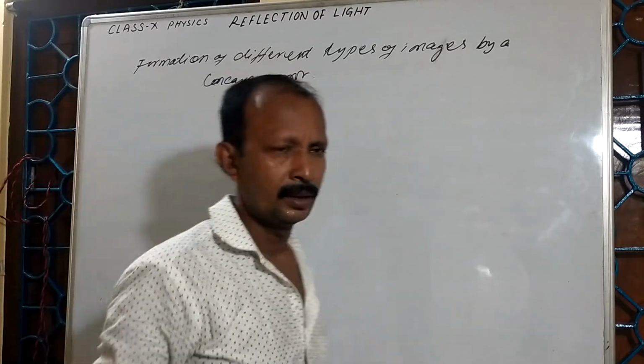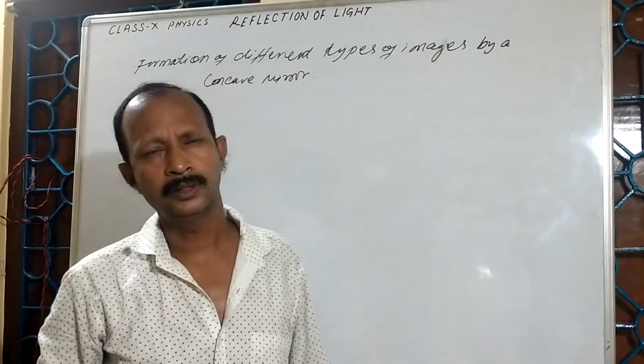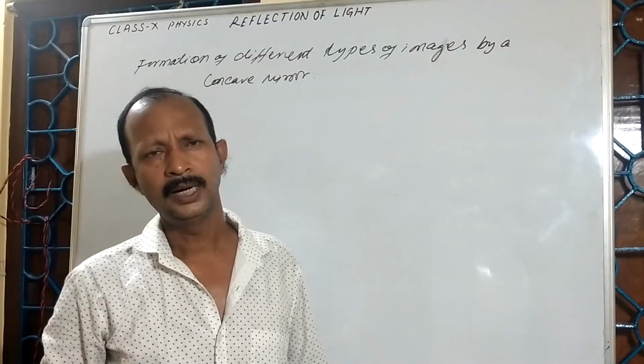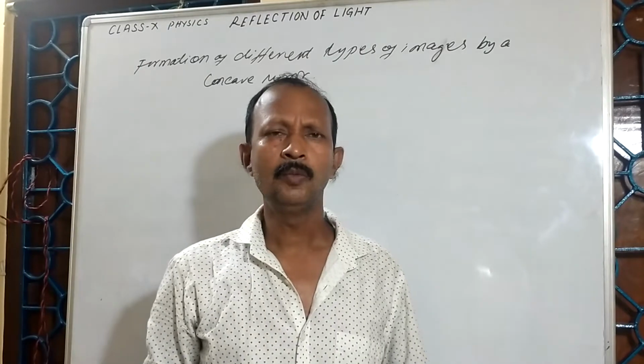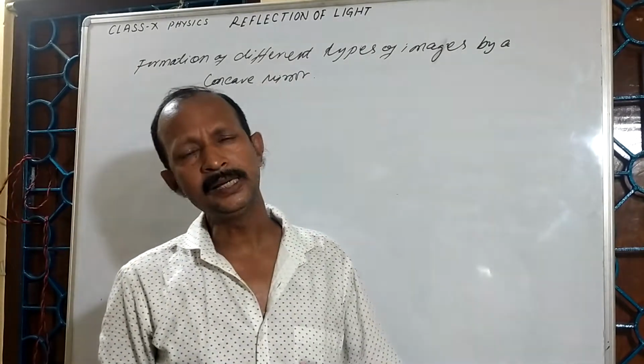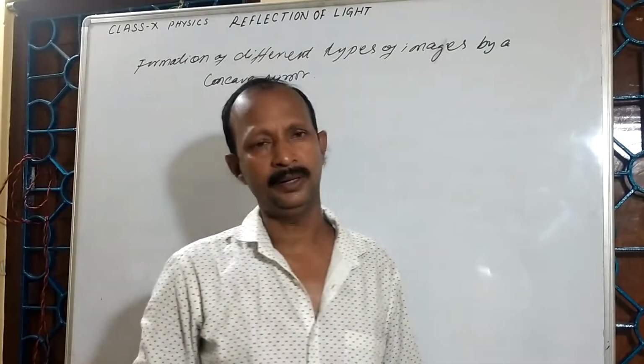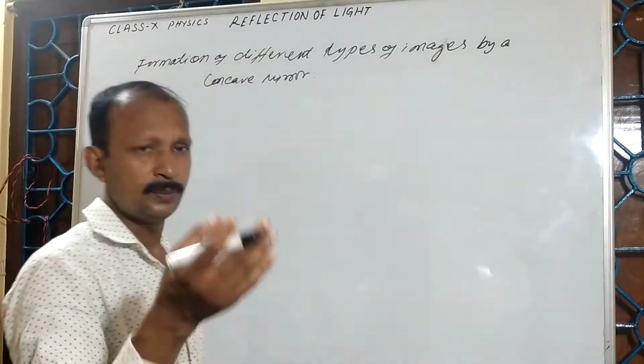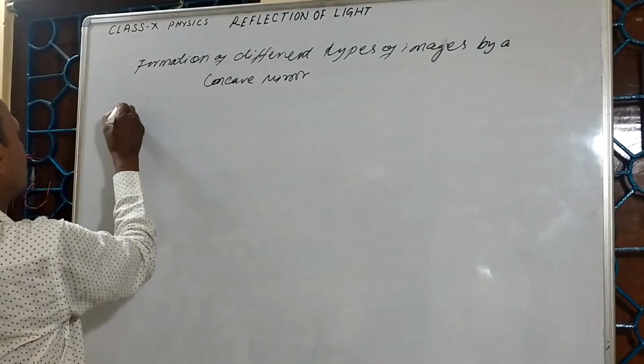Here, the type of image formation depends upon the position of the object in front of the concave mirror. What are the possible positions of the object?